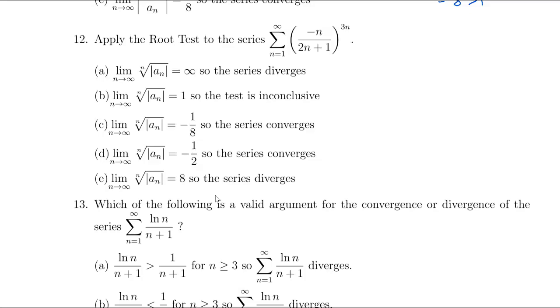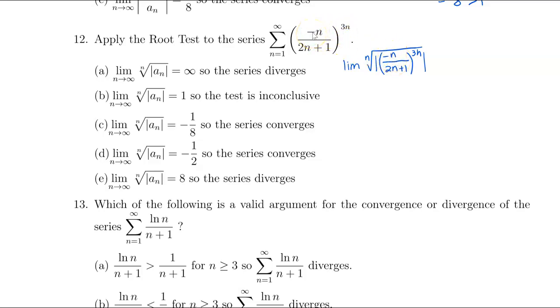So to do this, we are going to get the limit of the nth root of the absolute value of negative n over 2n plus 1 raised to 3n. Absolute value of that expression. Now, you may take out the negative here, right?